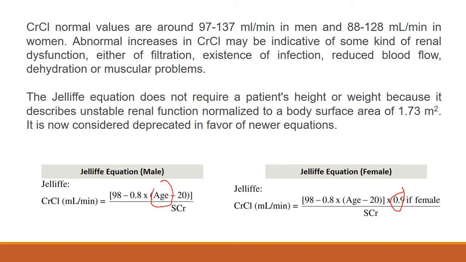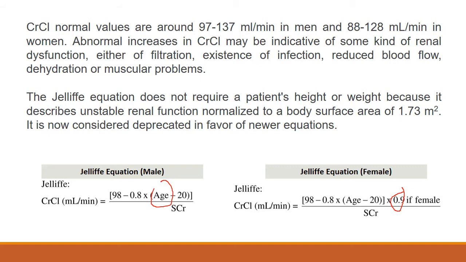So for Jellyfish, it's the same with Cockcroft and Gault. It should be different for male and female equations. For Jellyfish, you have creatinine clearance in ml per minute equal to 98 minus 0.8 times age minus 20, divided by the serum creatinine.